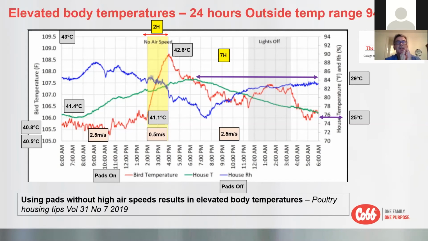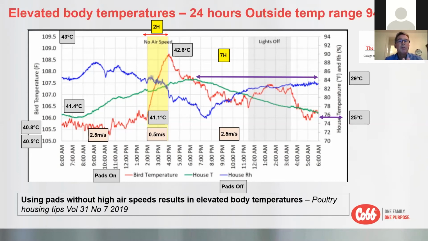What they did is they ran 2.5 meters per second, and at 2 p.m. they turned off fans and reduced the speed to 0.5 meters per second. And they looked at how quickly internal temperatures rise. Over a period of only 2 hours, the internal temp went from 41 degrees C, which is what we think is normal, very quickly up to 42.6. It didn't take much time.